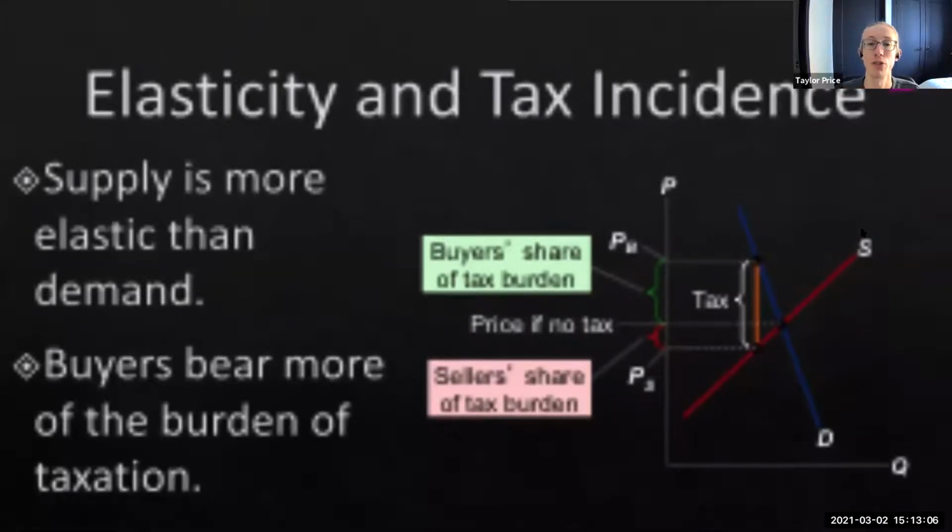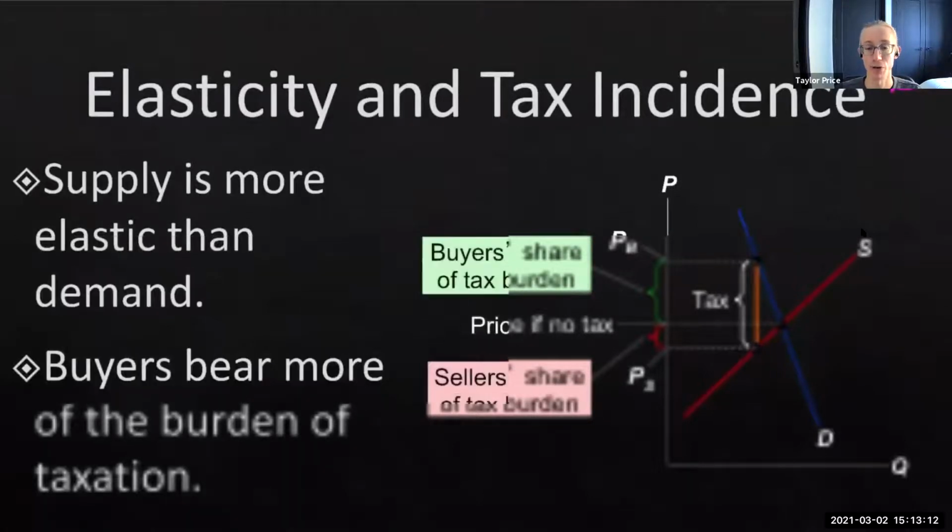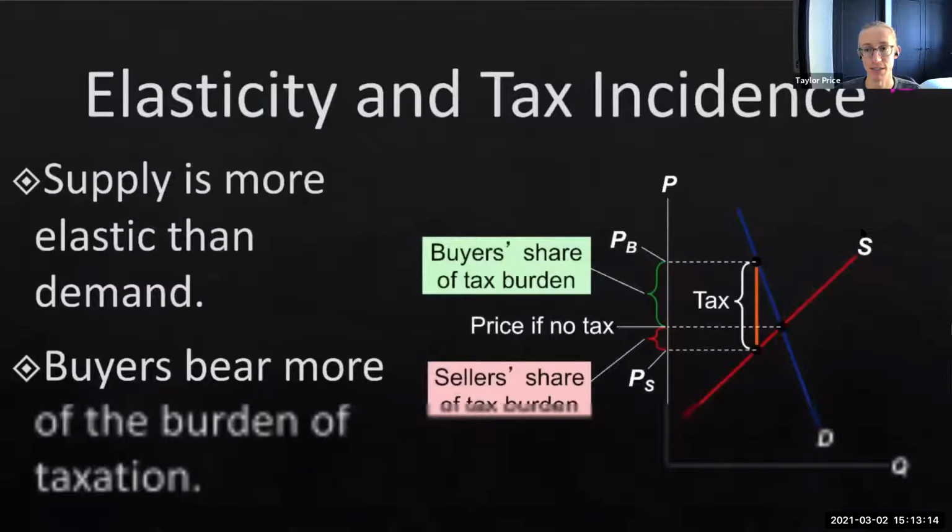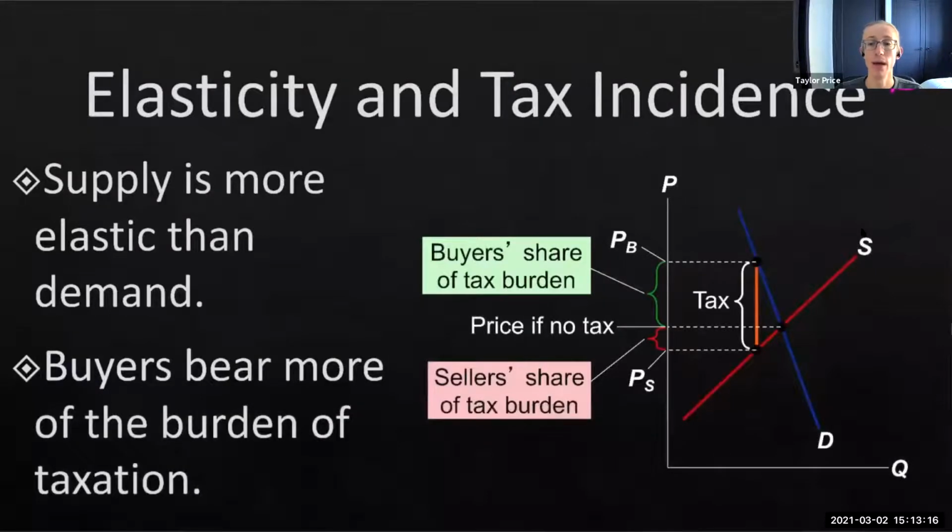Okay, so I did mention too that elasticity is important. Elasticity is really important for determining who shares the tax incidence. In this particular example, we see that supply is more elastic than demand. Demand is almost perfectly inelastic, a straight vertical line, and supply is much more elastic.